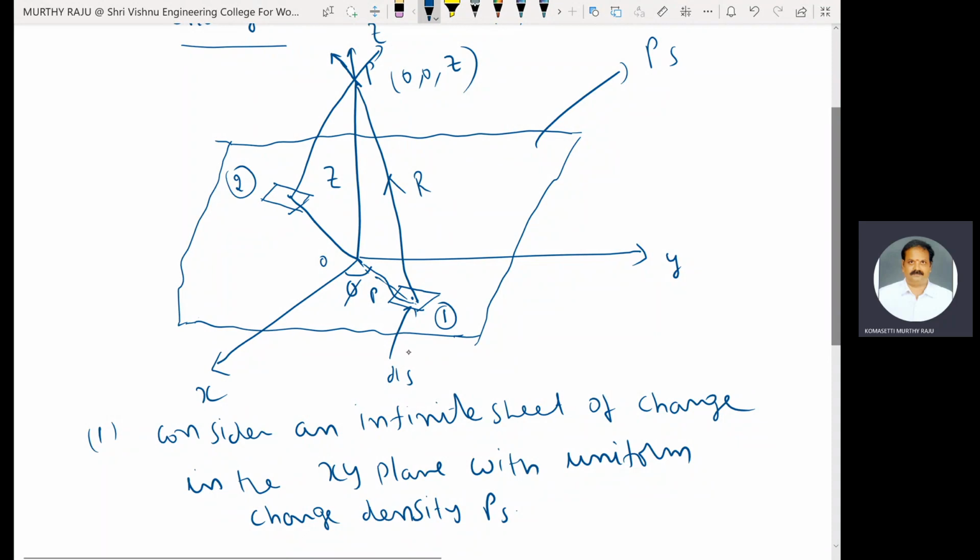This is the ds element. The charge associated with that ds element is dq.